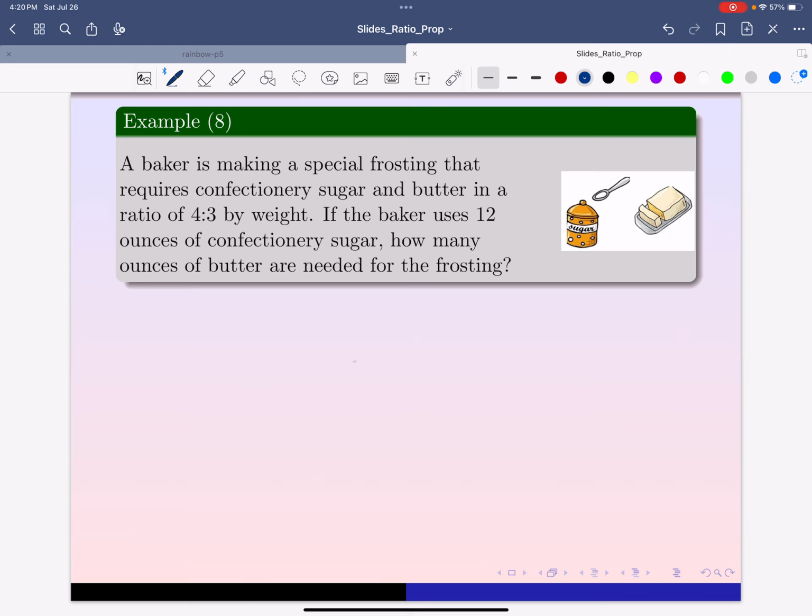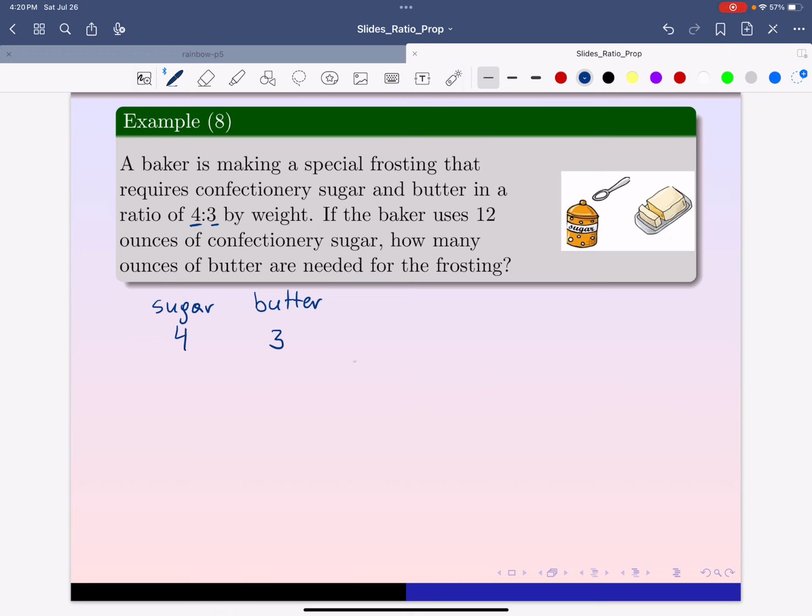So we can set up a proportion as well. On one side we have sugar, on the other side we will have butter. So the ratio of sugar to butter is 4:3.